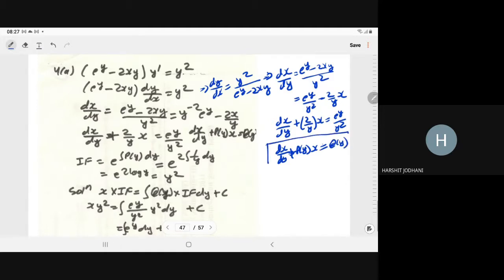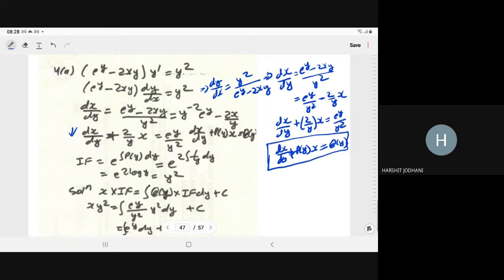So now it is in the standard form of the linear equation. So here we have written that: dx upon dy plus 2 upon y x is equal to e to power y upon y square.